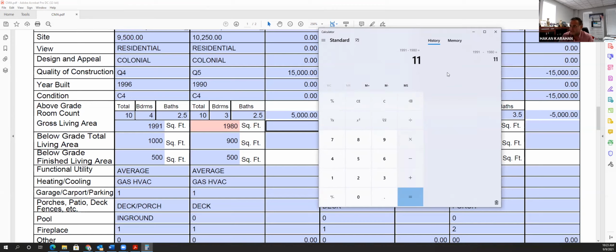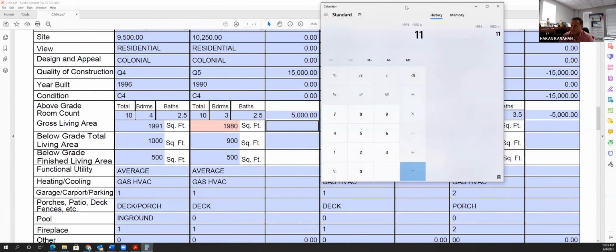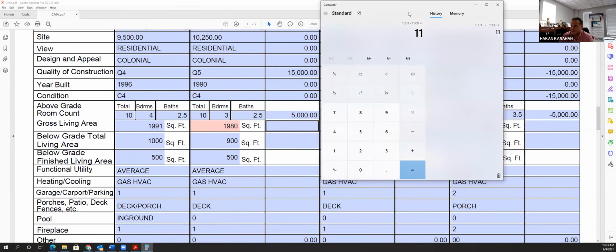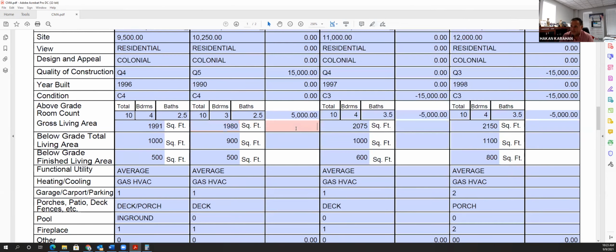How come we are only adjusting it by $30? This is how the appraisers do it. So in order for you to do a real accurate CMA, you have to use what they are using. So 11 square foot difference times $30 would be $330. Ours is bigger, our comp is bigger, therefore they are going to get a $330 difference.